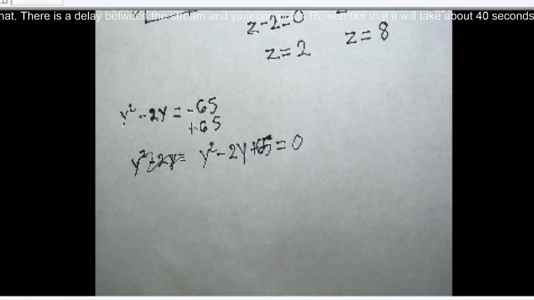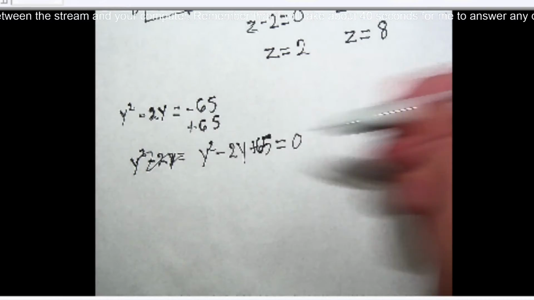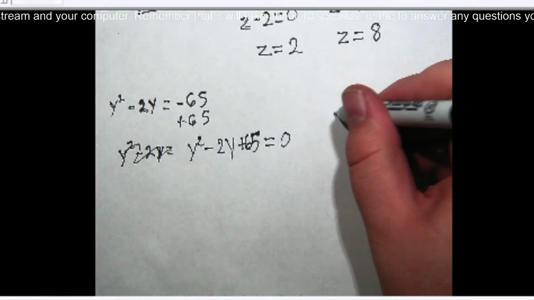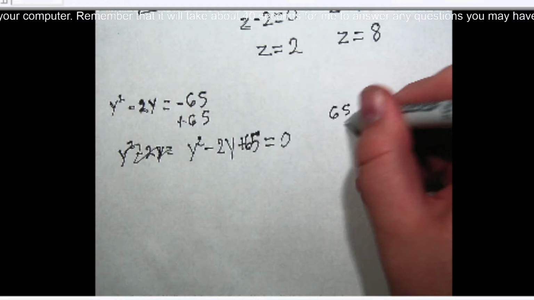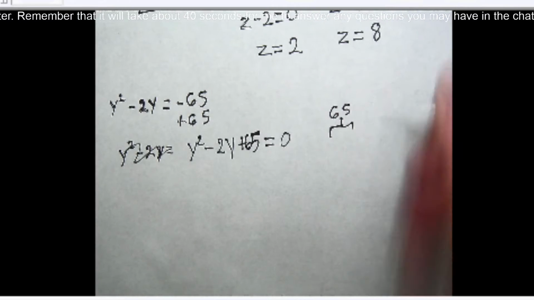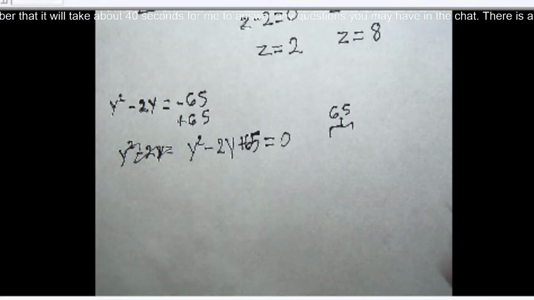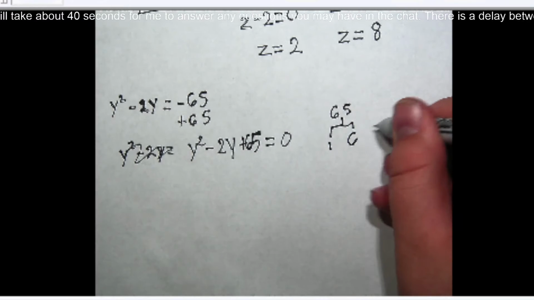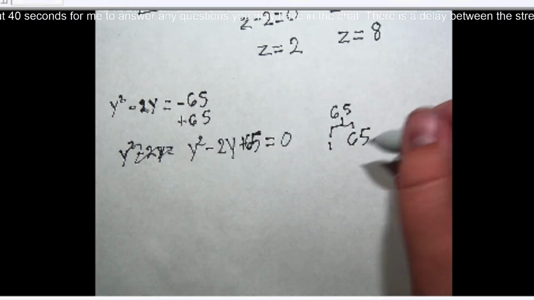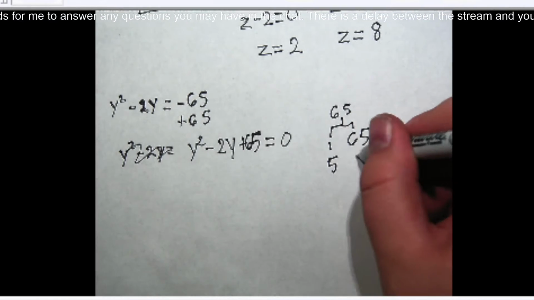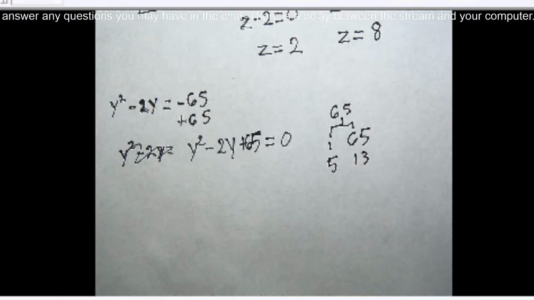Okay. Well, AC method. Our A is 1, our C is 65, so our AC is 65. Let's see, factors of 65, that'd be 1 and 65, 5 and 13. That's all of them.